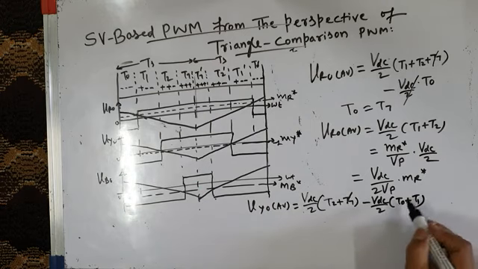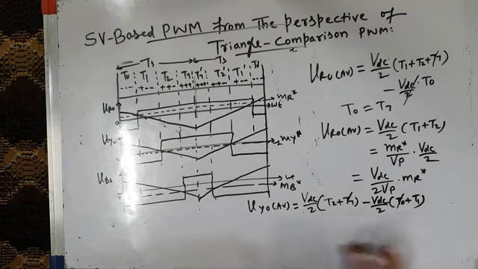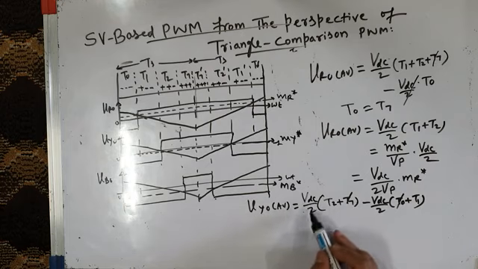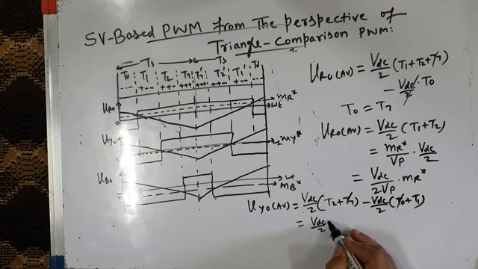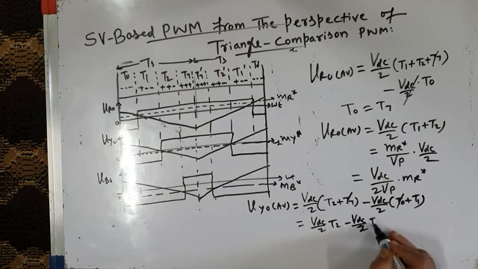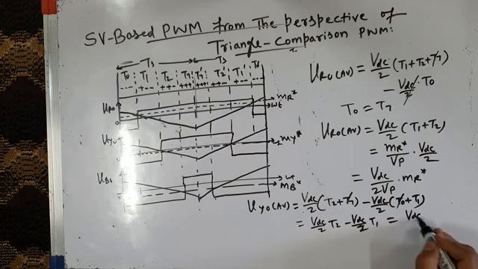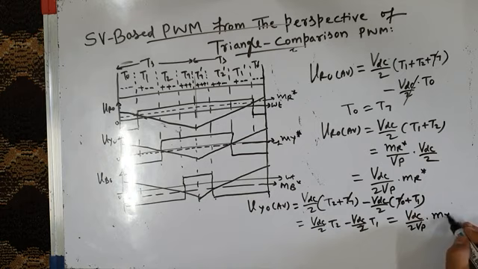Again, T0 is exactly equal to T7, so effectively it will be equal to VDC by 2 into T2 minus VDC by 2 into T1, and in terms of the modulating wave, it is equal to VDC by 2 VP into MY star, right?